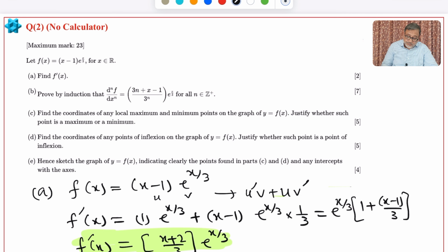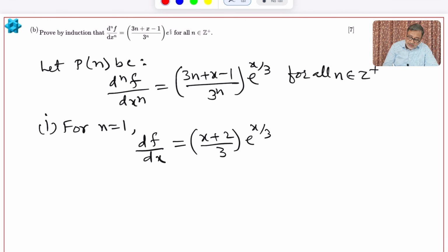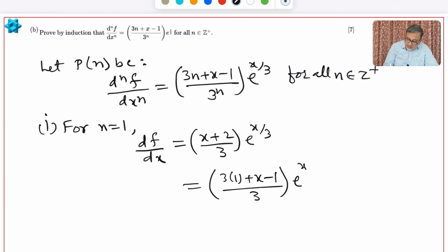Now, P of 1. So, d^n says like this, look here. Now, in this n is 1, so we can write it like this: (3 into 1 plus x minus 1). Okay. Why?